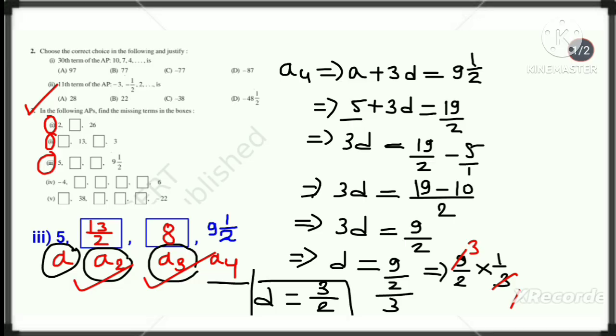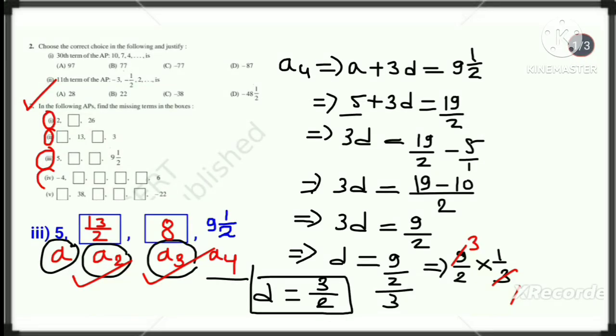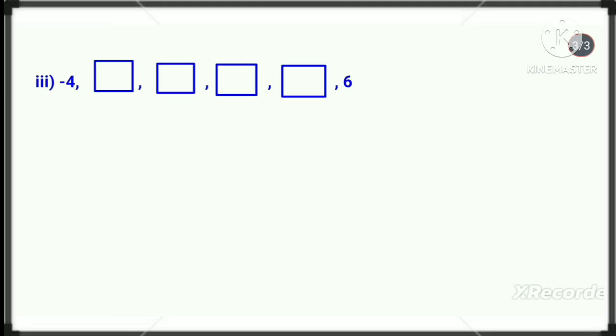Now question number 4, which I have already copied over here, and in this AP this is a, and here will be a2, and here a3, and here a4, and here a5, and this is a6.